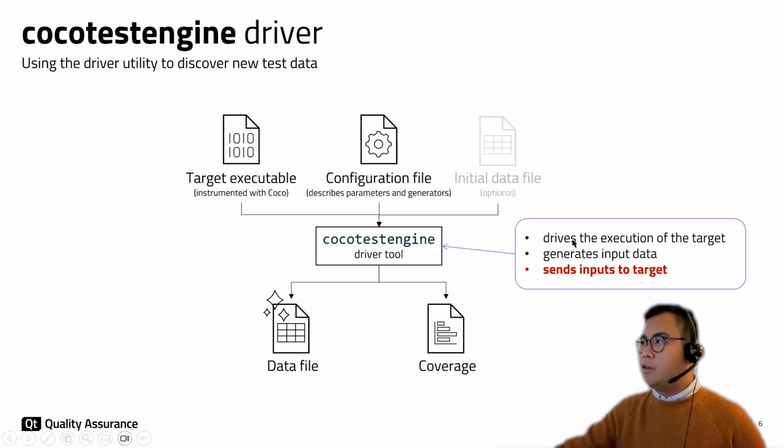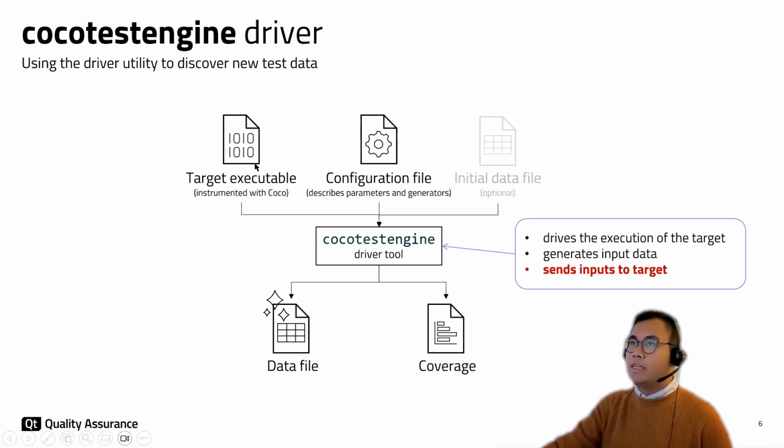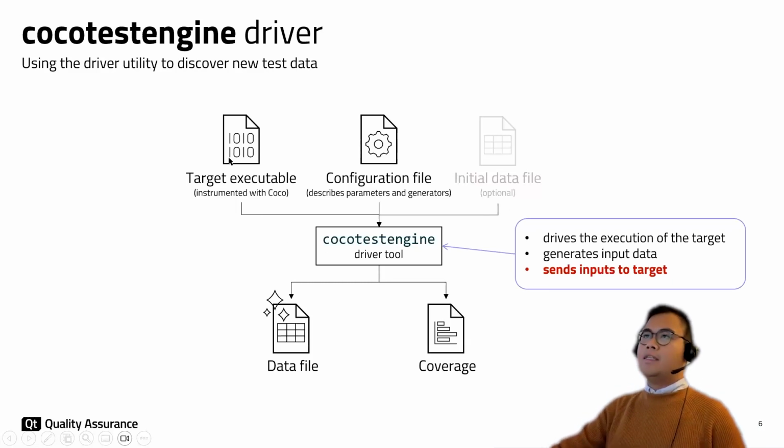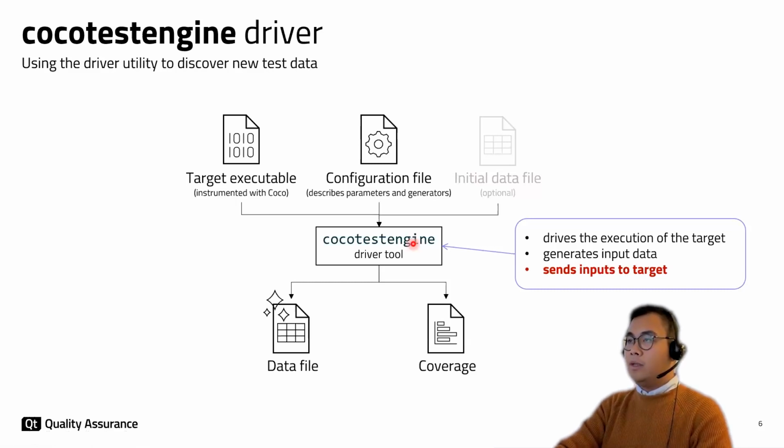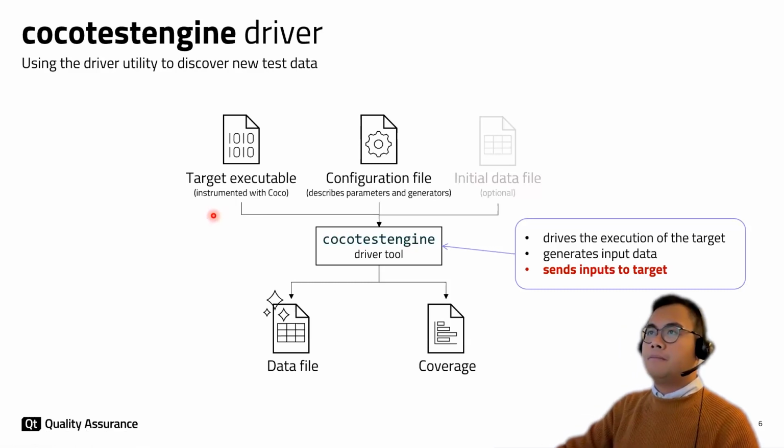So this driver tool drives the execution of the target executable. The target executable is the C++ file that the user writes, compiled with Coco. Coco Test Engine will then generate the input data and send this input to the target.